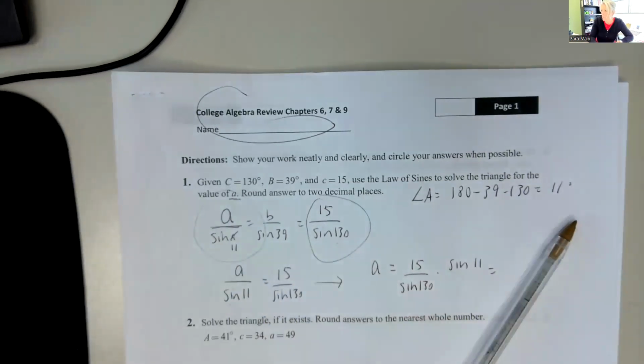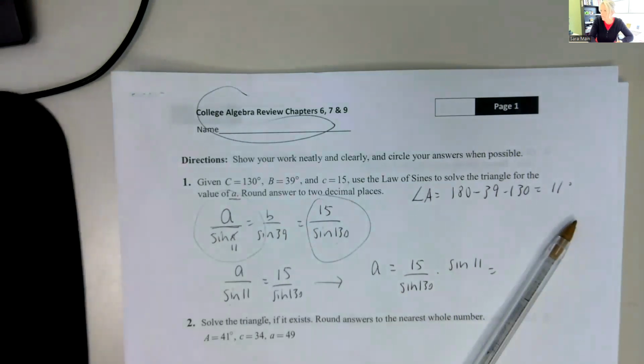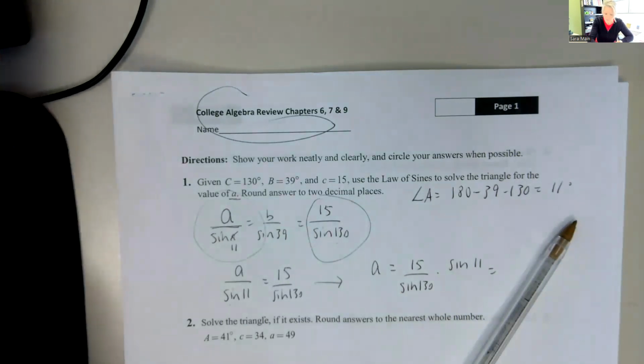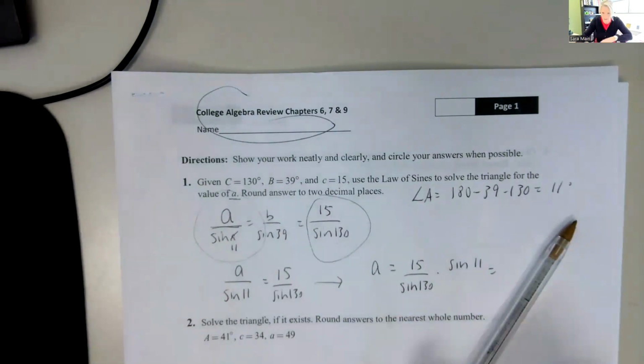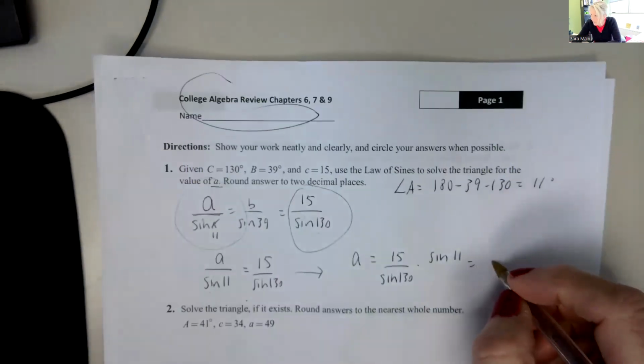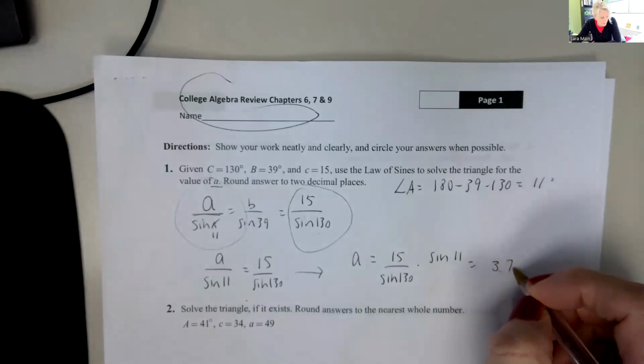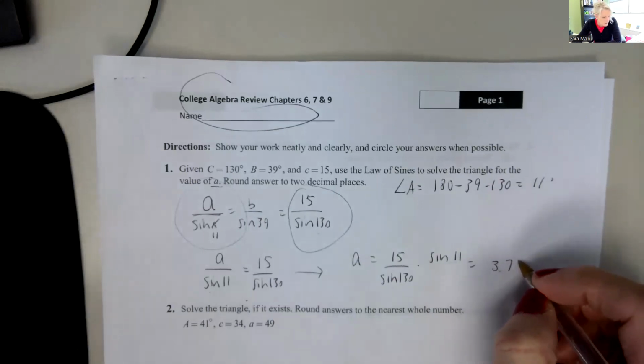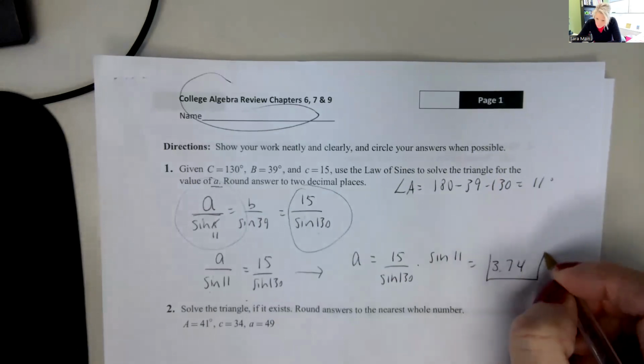And then I'm going to go to my scientific calculator and type that in. And we get the length of 3.74 when it's rounded.